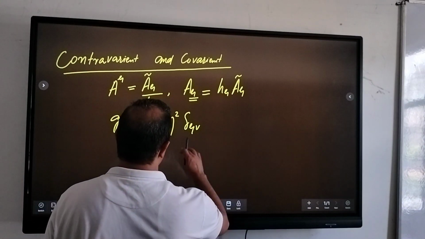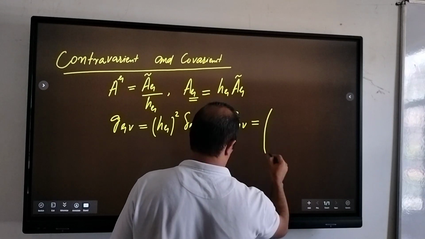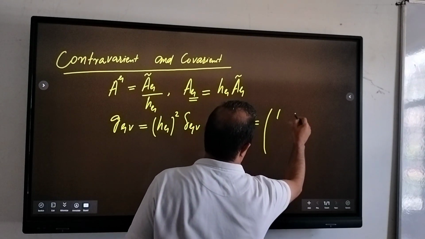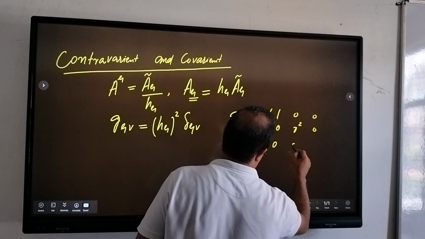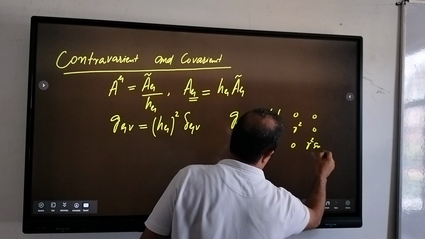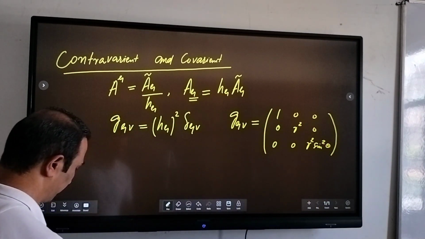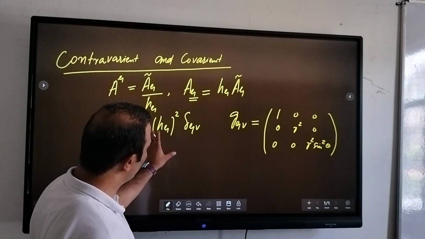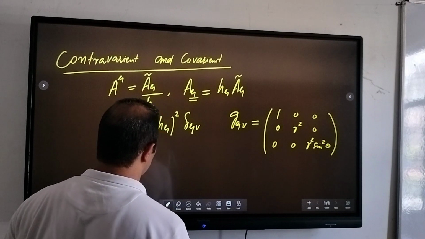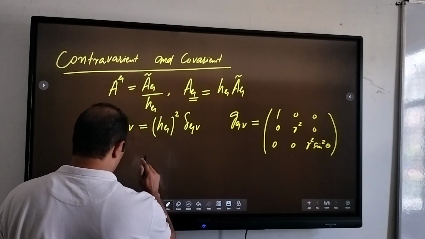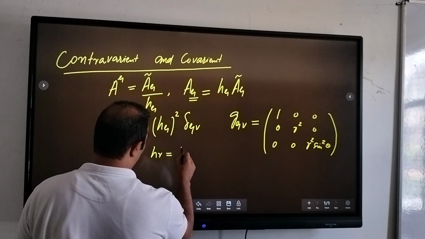And this g mu nu, if you remember, so if you compare this with this, our h mu you can write as h_r, and h_r will be equal to 1.